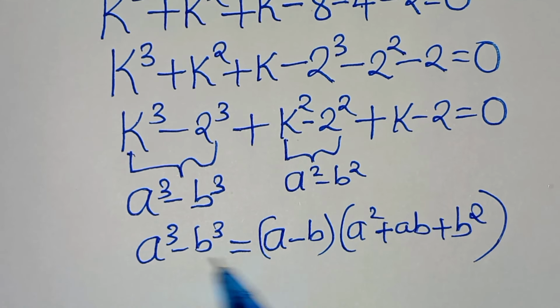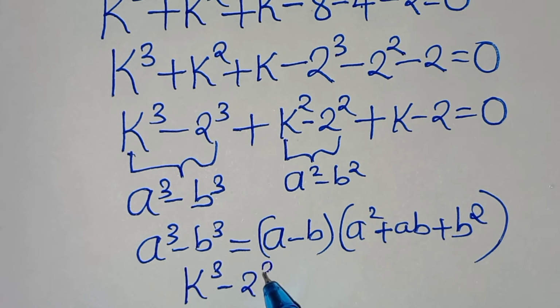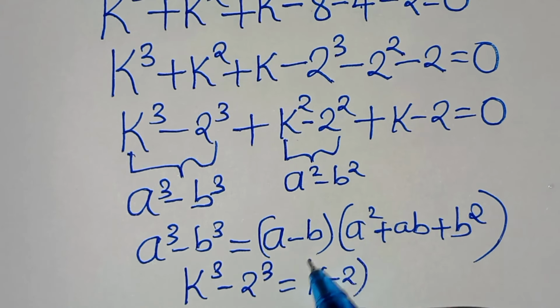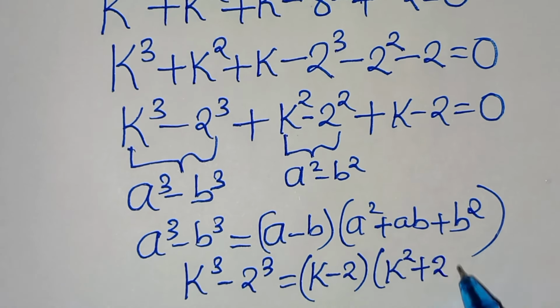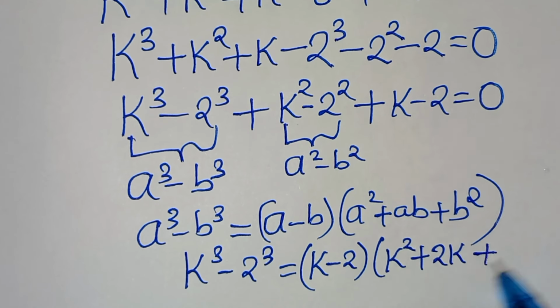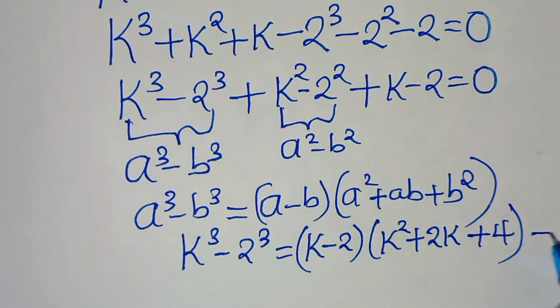So applying this identity, k to the power of 3 minus 2 to the power of 3 is the same thing as k subtract 2 times k to the power of 2, then plus 2 times k, which is 2k, then plus 2 squared, which is 4. Let's call this equation 1.